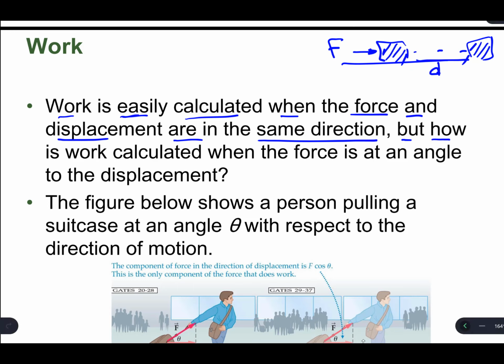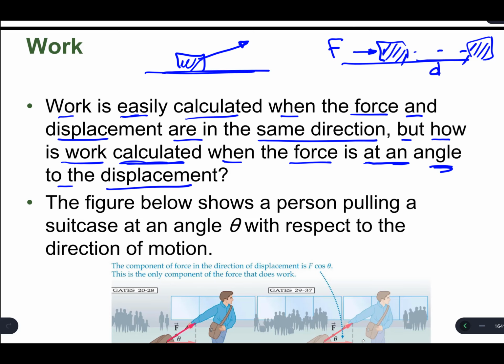How is the work calculated when the force is at an angle to the displacement? Imagine this is the box and you push it or pull it at a specific angle with the horizontal, the direction of the motion.